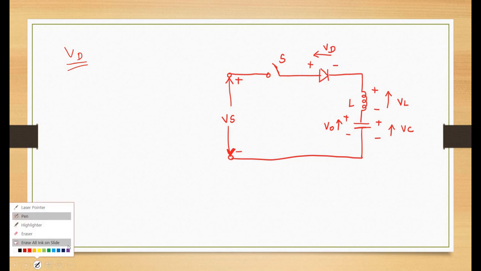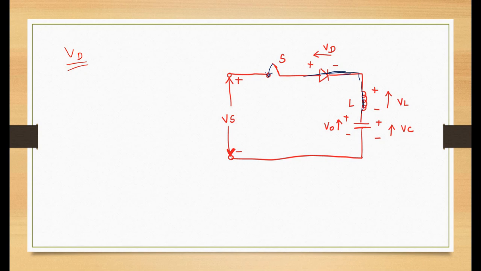Next I am going to find out the voltage across the diode Vd. When we apply the voltage Vs, at that time the switch is in closed position, the diode is conducting, and at steady state this is also short circuited. Now I am going to write the equation for Vd. Apply the KVL, negative to positive, voltage rise Vs. Then positive to negative, drop in voltage Vd.